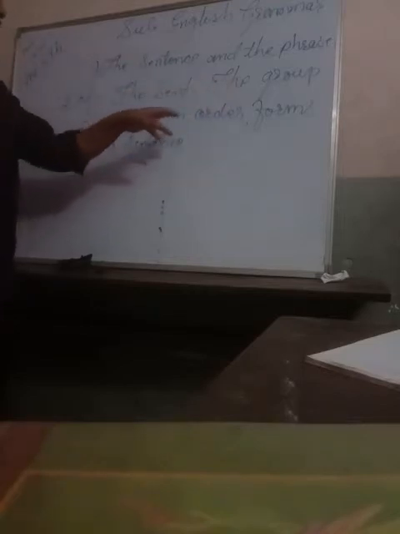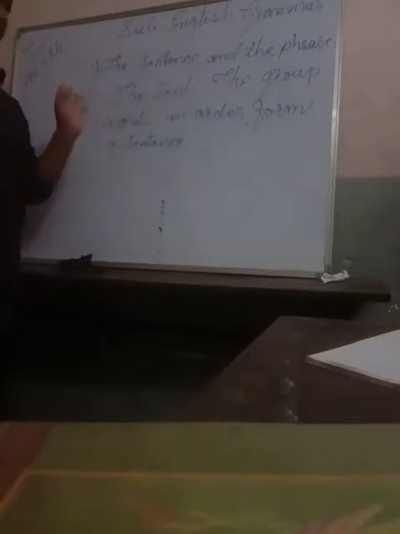So it is quite an easy and clear definition of the sentence. Means you can understand what is the sentence and what is the phrase. Now look here, from the definition of the sentence you will get it that what it says, the group of words in order forms a sentence.